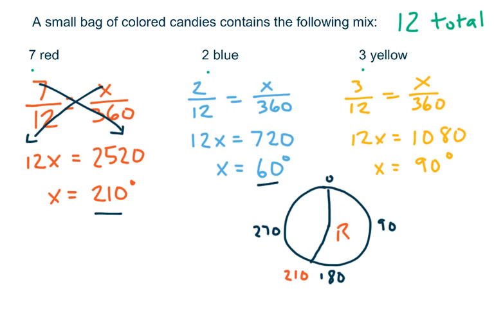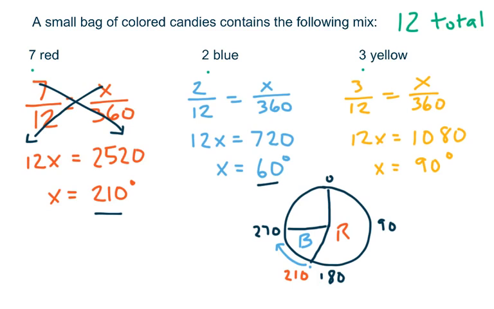What I need to do is go from this line that I've already drawn here and go 60 more degrees. That just happens to land me at 270, so my next line will go right there, and the blue portion of my pie chart, that is 60 degrees, goes between 210 and 270.